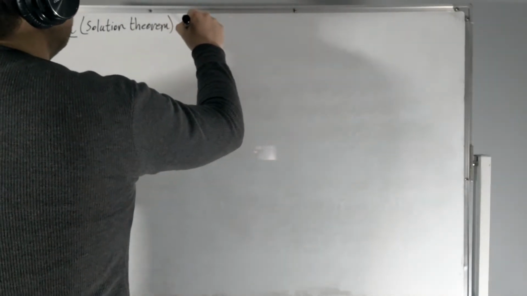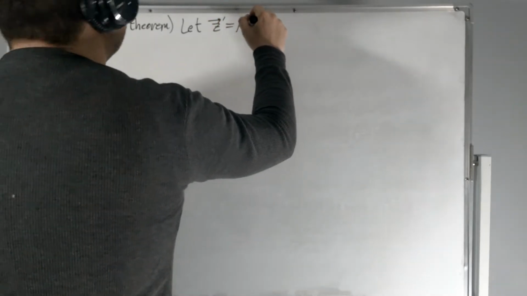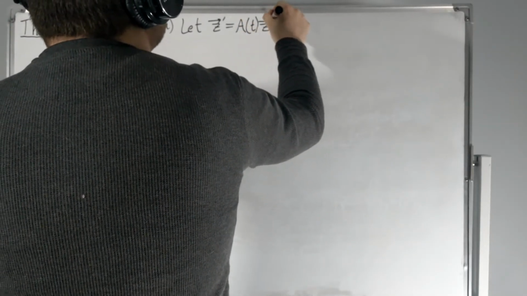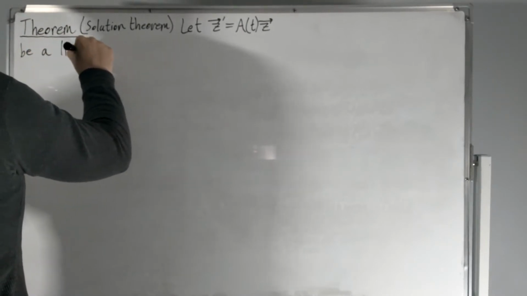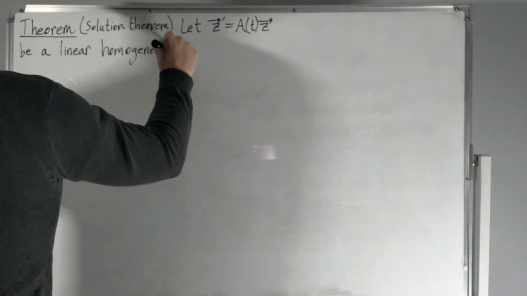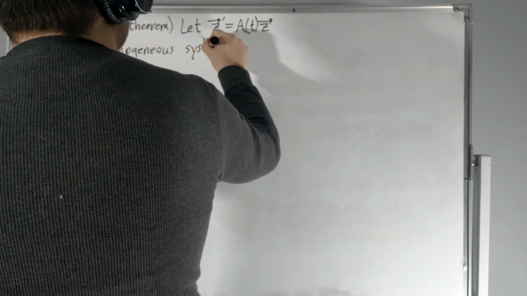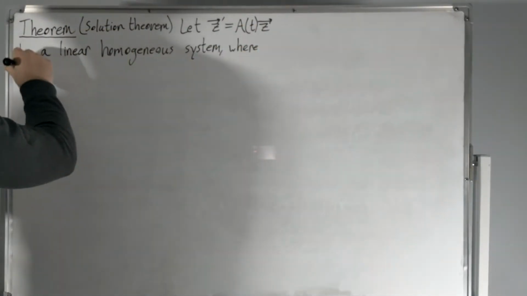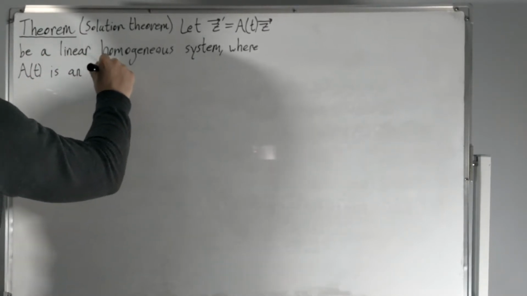So let z vector prime equal A of t times z vector be a linear homogeneous system where A of t is an n by n matrix of functions of t.